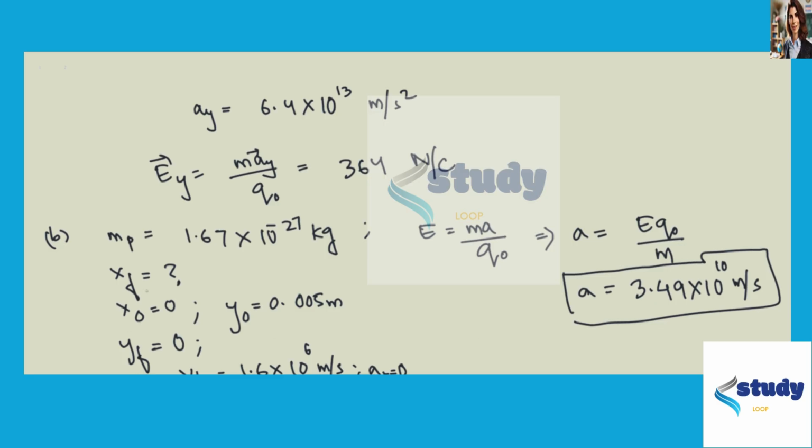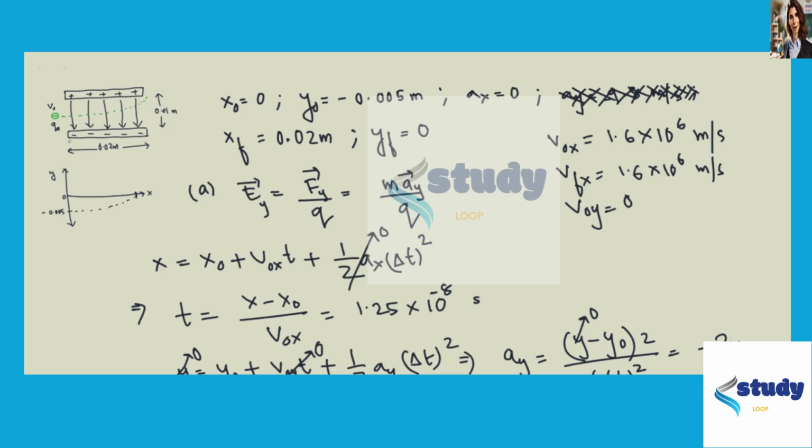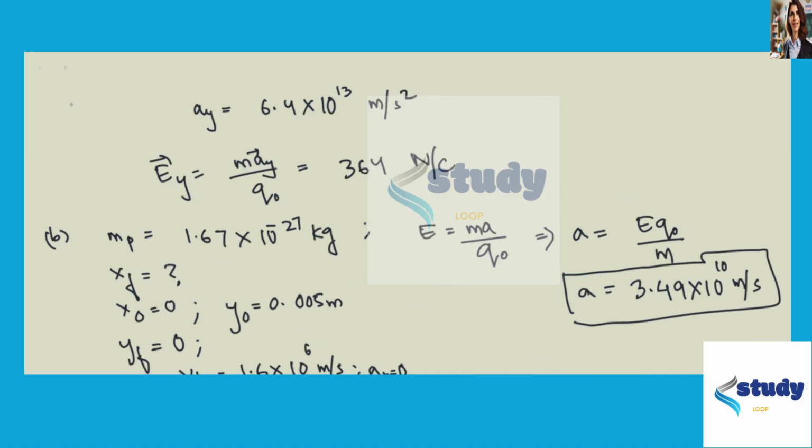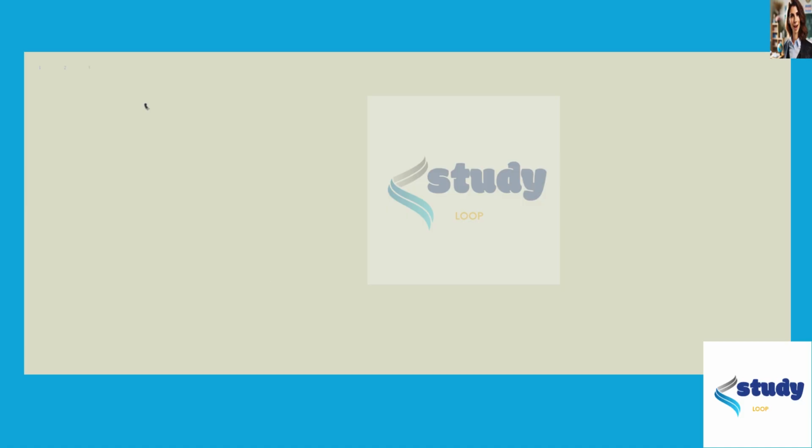Now if x_f is greater than 0.02 meter, then it does not hit the plate. So let's find the time when the final value of y goes to 0. We will use the same equation that we used before, solved for the vertical direction.